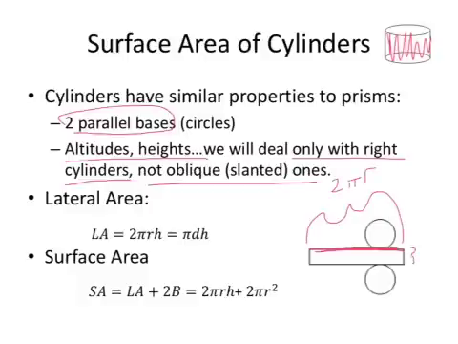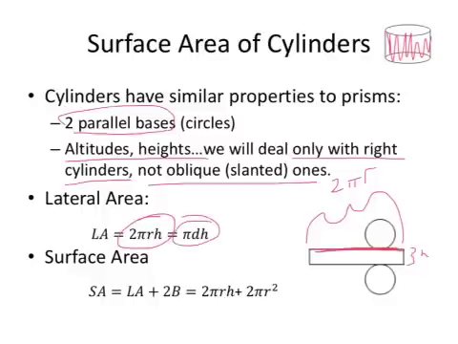And then this is my height, so my lateral area is going to be 2 pi r times my height, okay? Which if I substitute in that my diameter equals 2r, then I can also use that lateral area equals pi dh.